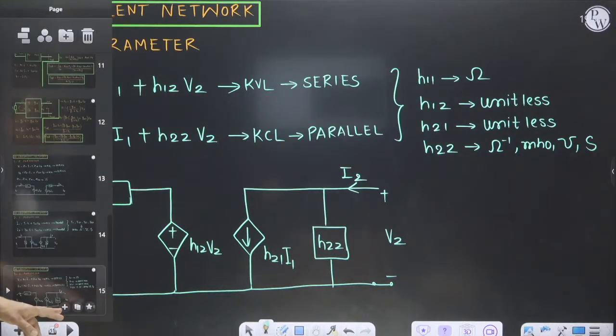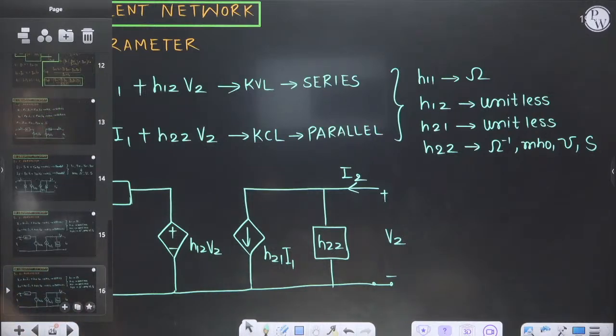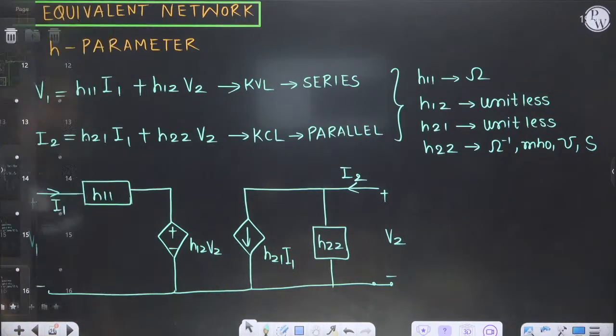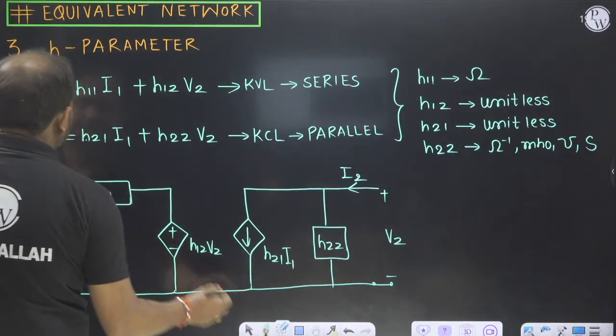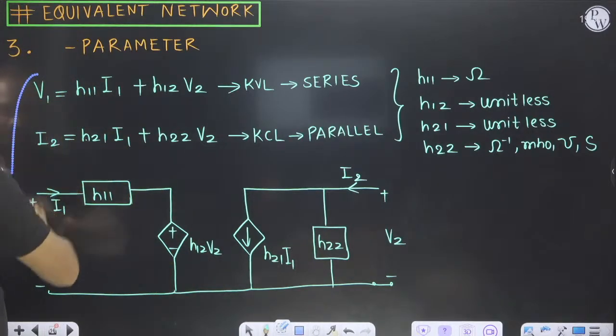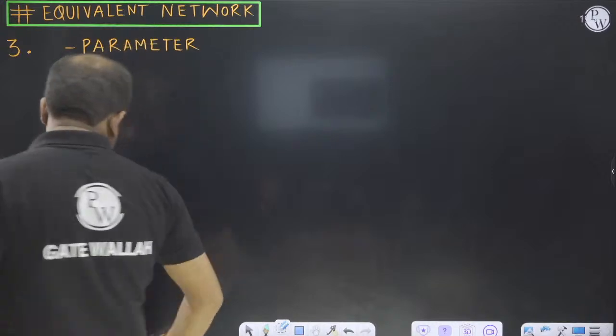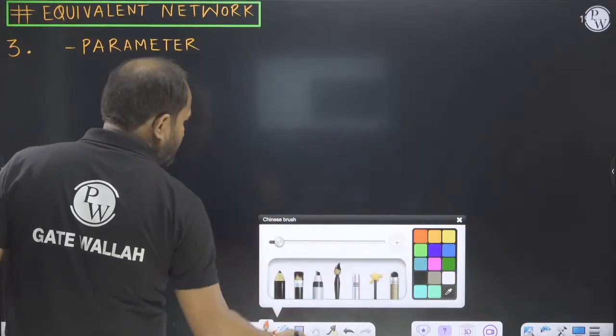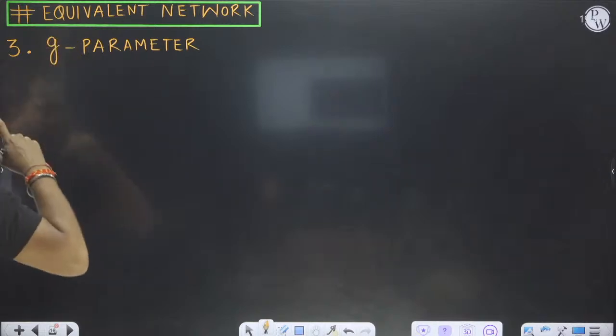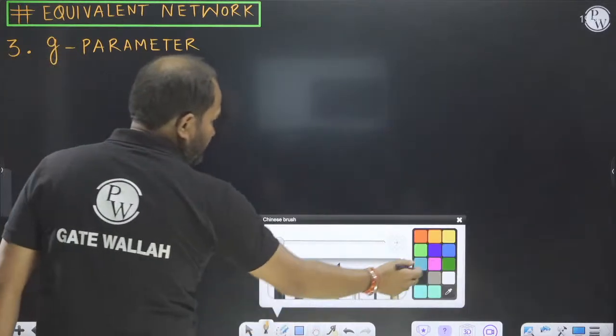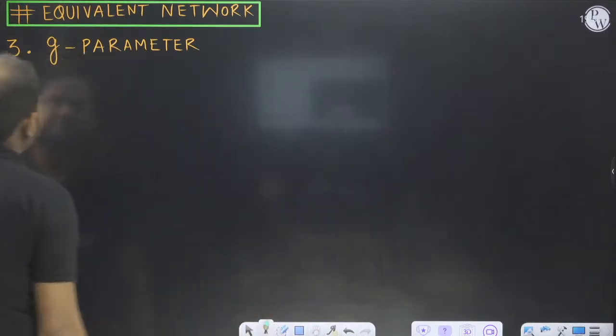Again we have G parameter. In case of G parameter, what we have?